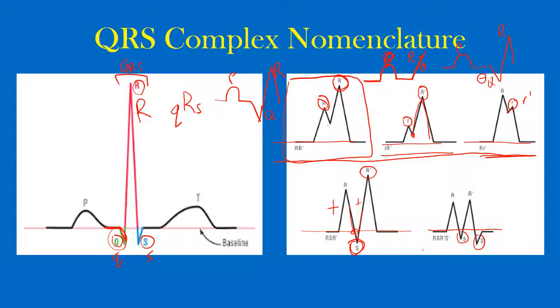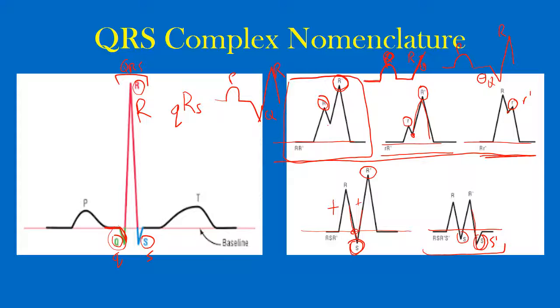Now in this final one here in the bottom corner on the right, again, this has the same initial R S R prime sequence as the one to the left of it, and then it has an additional S wave that comes back down here, and you can't really see it, but that's also an S prime. So just like there's two R waves, the second one being called the R prime, here we also have two S waves, so we call the second one an S prime.